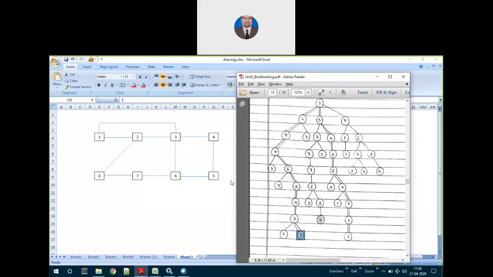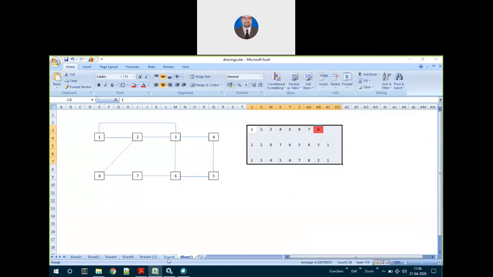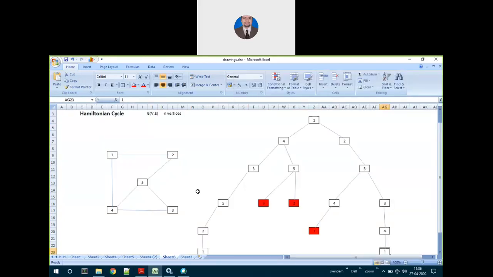Or the other question could be: write a note on Hamiltonian cycles with example. So over there you need to write the definition, and you have to take one example and solve it. In that case, probably the previous example would do. If we take this particular example and draw the state space tree with the solutions, that will give you the full marks.